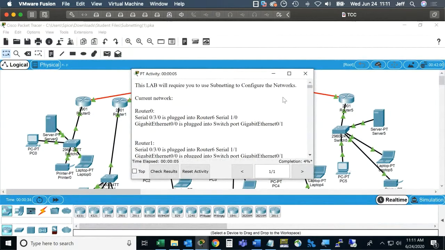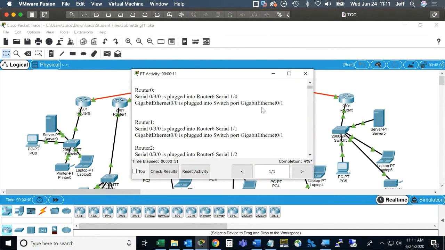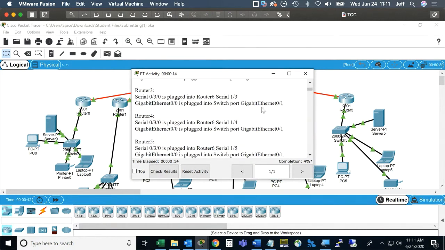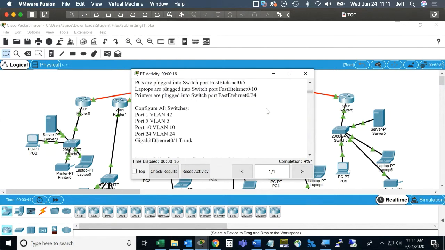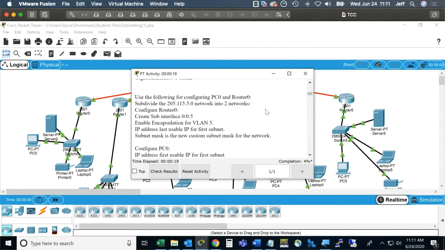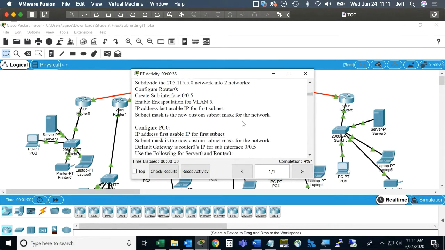Okay. So here is our network. For PC01 and router one, you had to subdivide this network into two networks, and then create your subinterfaces and all that.